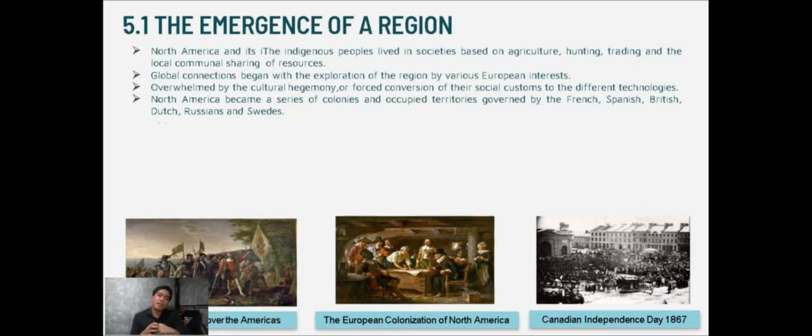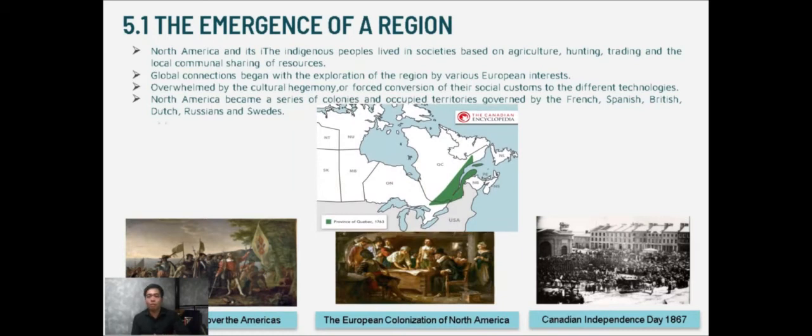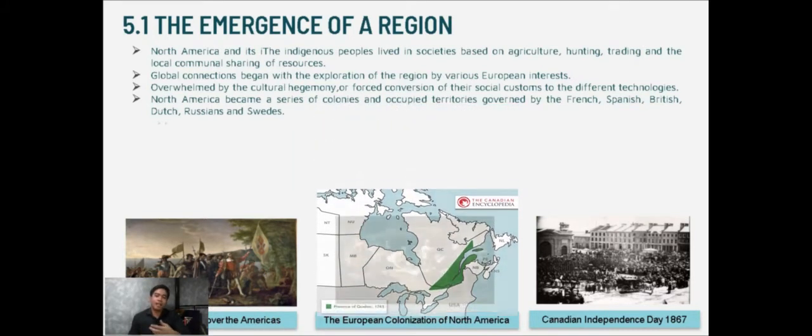So the French explored the northern interior of the continent. They founded Quebec City at the mouth of the St. Lawrence River and Montreal further upstream.